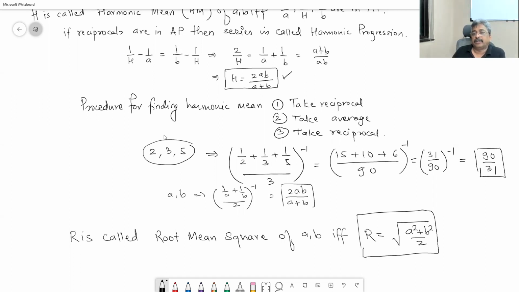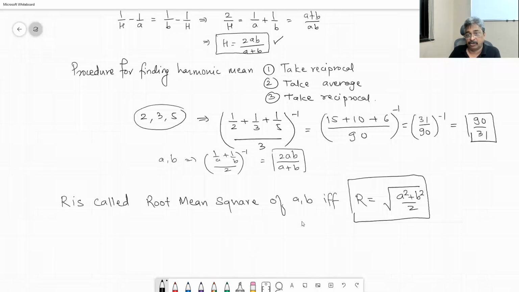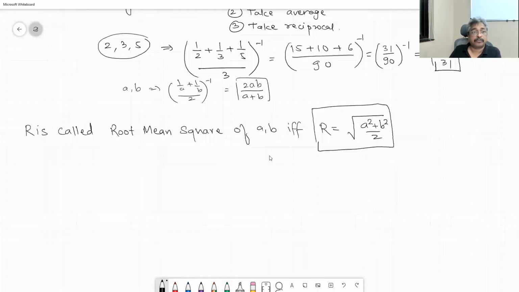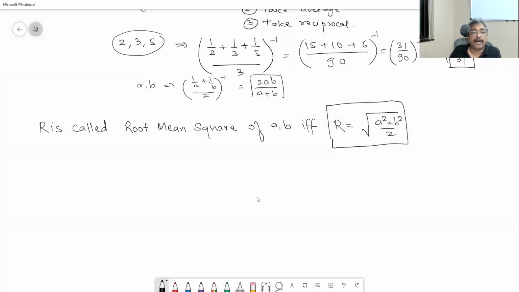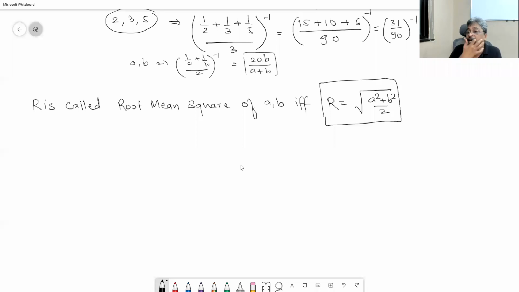We use it in what is the class average, what is the average percentage that you get, etc. So all these means have a lot of application in statistics, another branch of mathematics. However, presently we are just going to get introduced to them, and tomorrow we will see geometric applications of them.